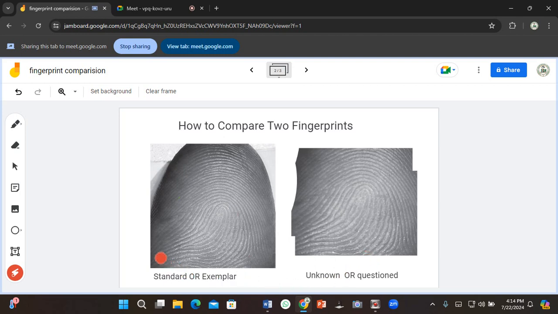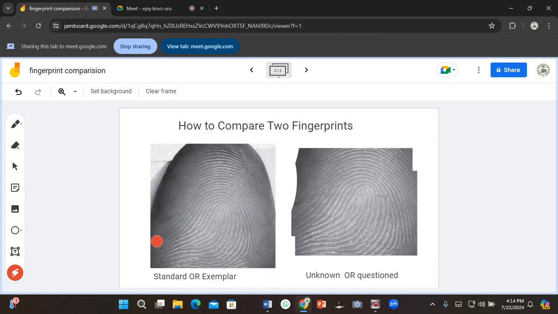We look at the pattern, the flow of the ridges. If you look at this one, the innermost ridges enter from the same side and they all go out of the same side. So from the same side they enter and they go out of the print from the same side. So this is a loop.